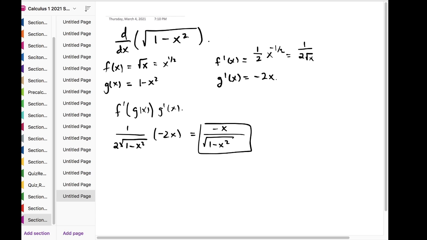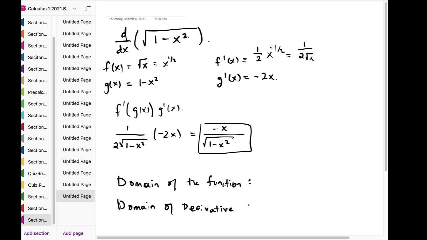What's the domain? First of all, what's the domain of f, or of the function, not the derivative? It's the domain of the function. Good, yeah, the domain of the function, that's this one up here, is including 1 and negative 1, negative 1 to 1.